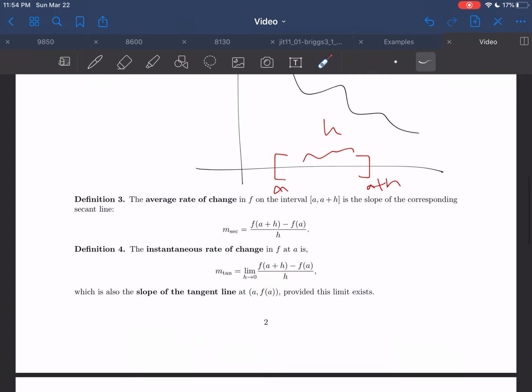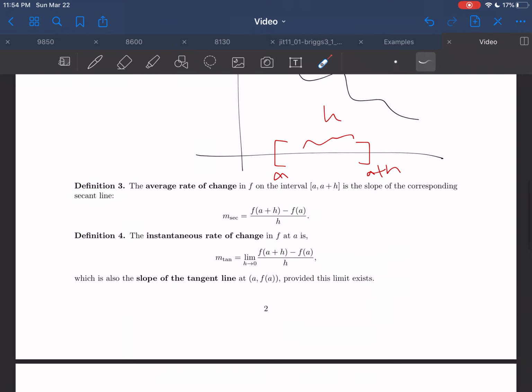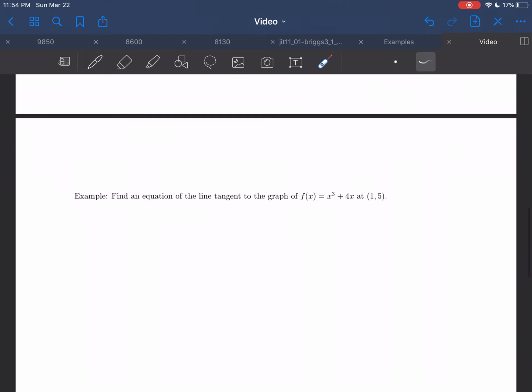Alright? And this is still the slope of our tangent line at whatever point a we're given. Okay, and again, this is contingent upon that limit existing. But we can use the same process to do some examples.